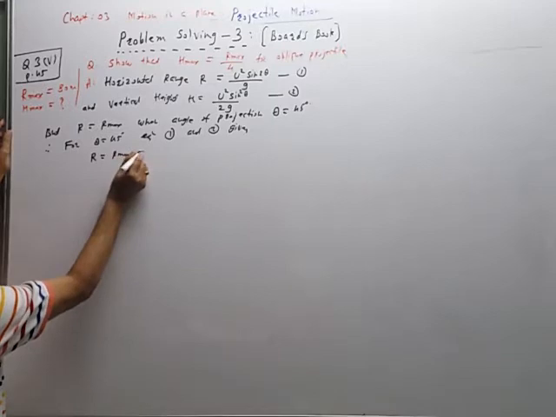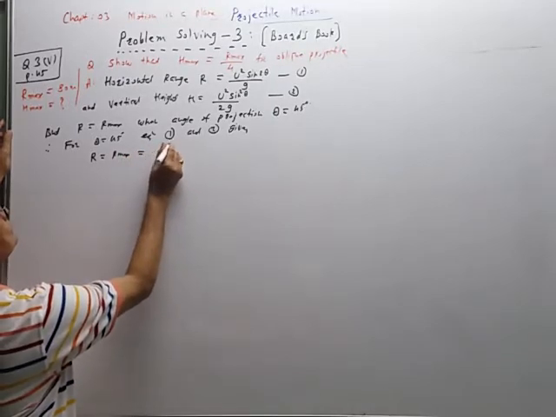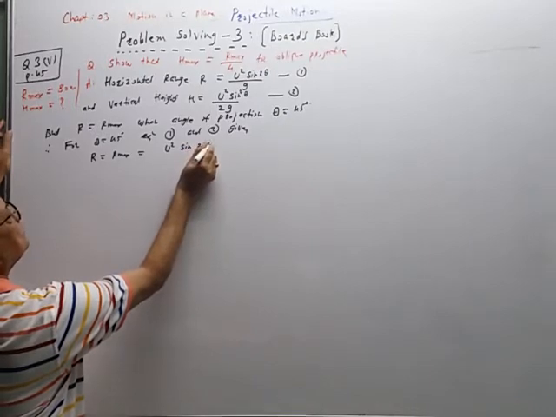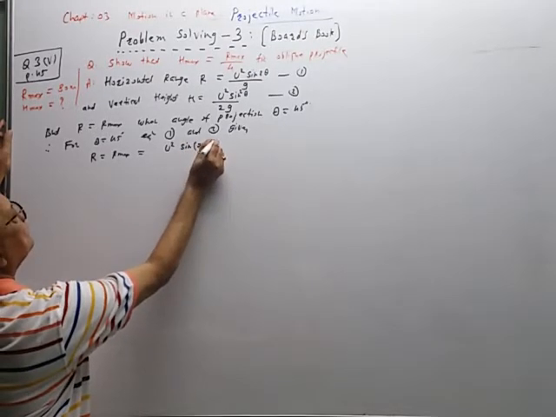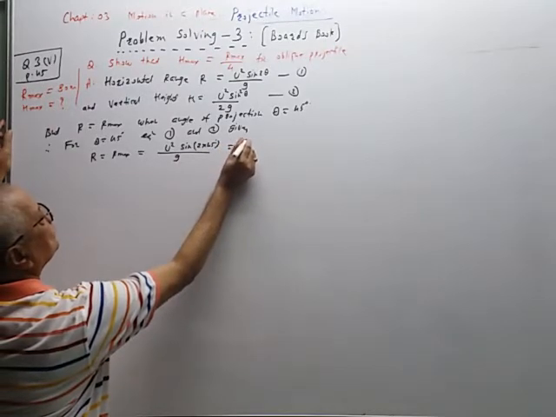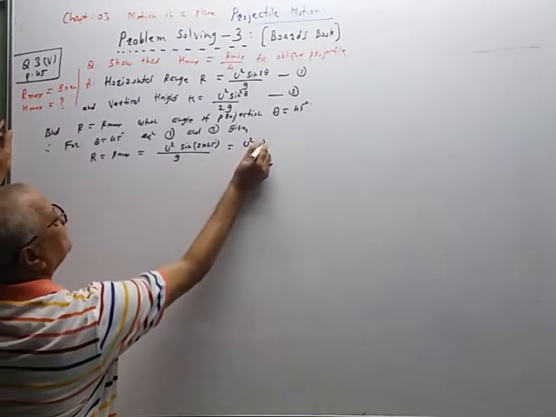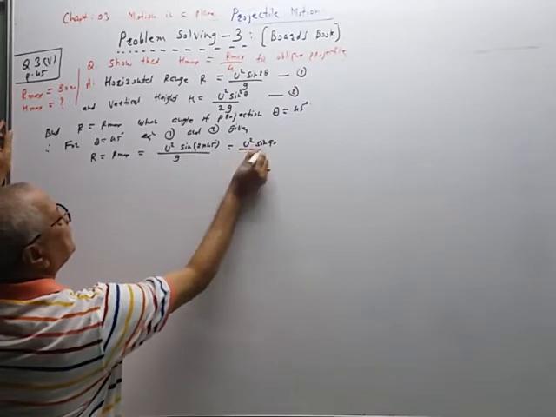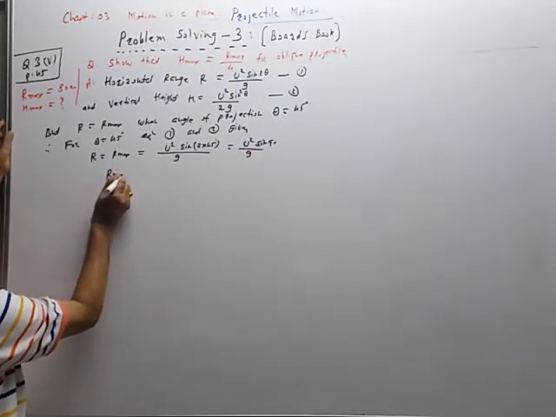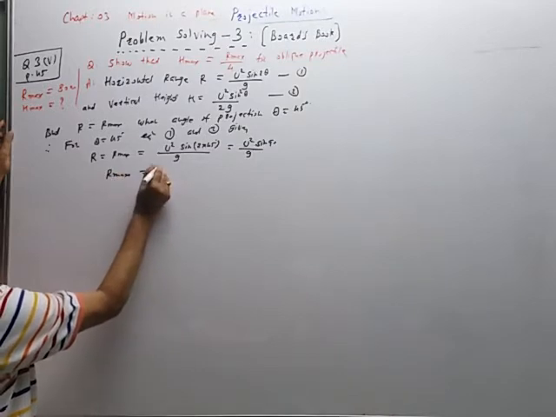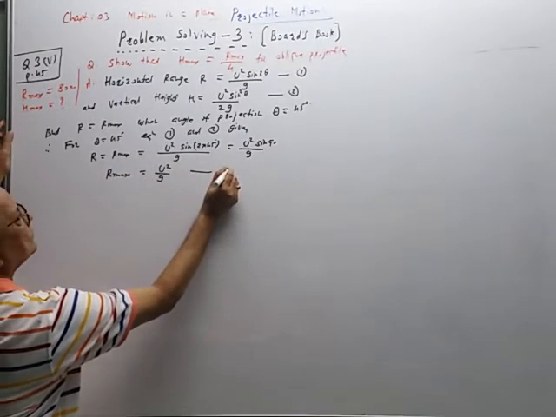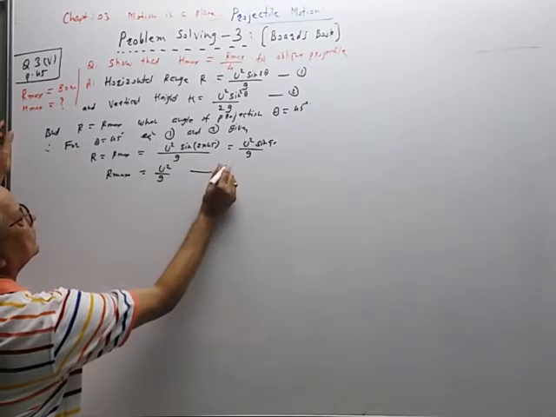R is equal to R max is equal to u square sin of 2 multiplied by 45 degree by g. So this is equal to u square sin of 90 by g, and therefore R max is equal to u square upon g. This is equation 3.